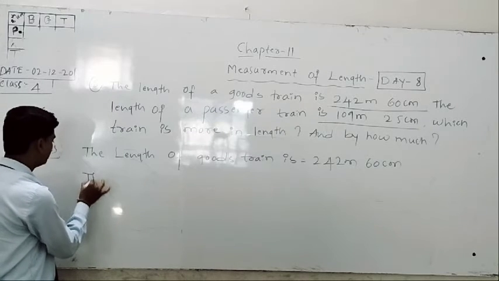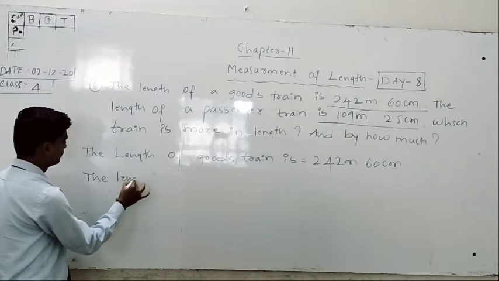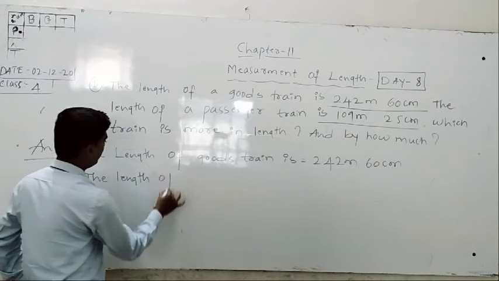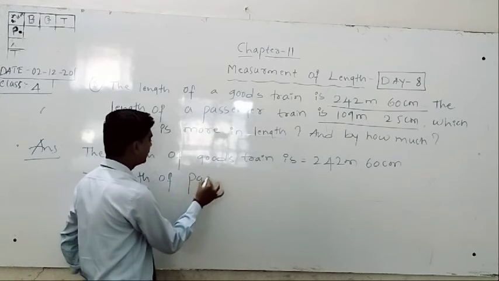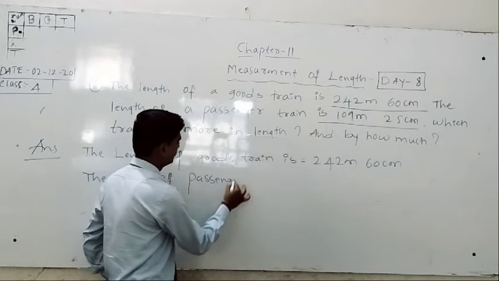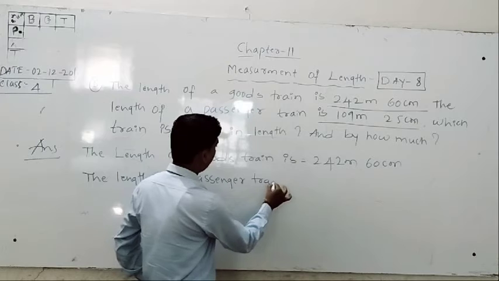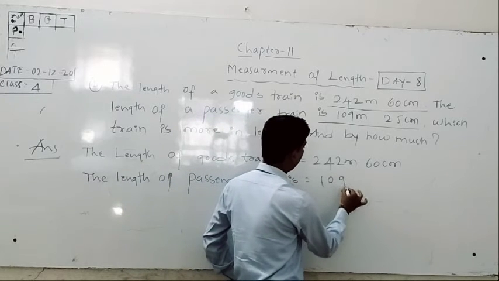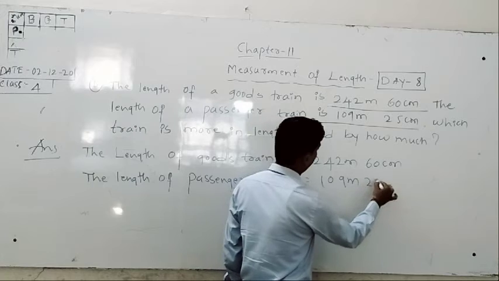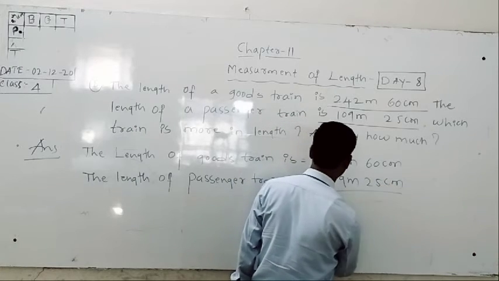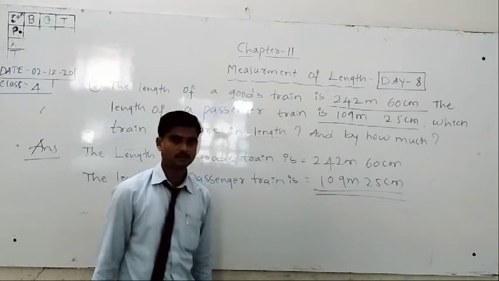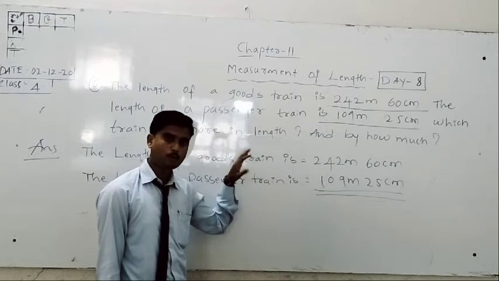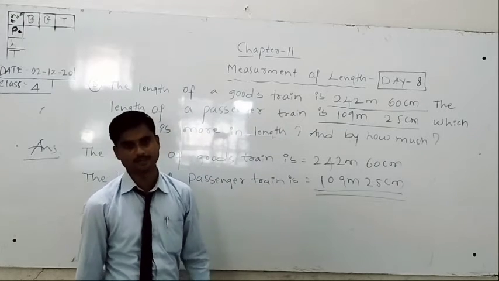Then the length of the passenger train is 109 meter 25 centimeter. Is it right? Then you should subtract goods train minus passenger train.